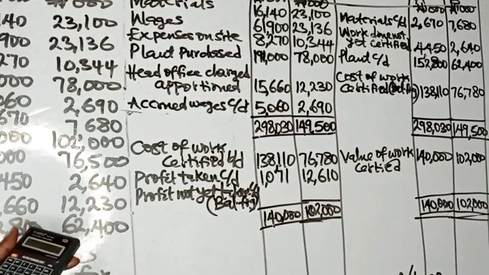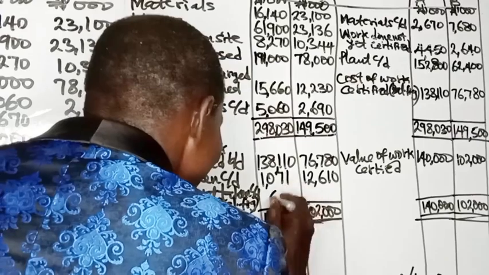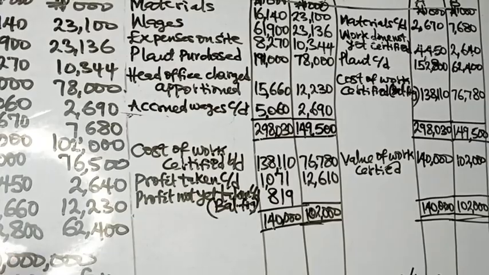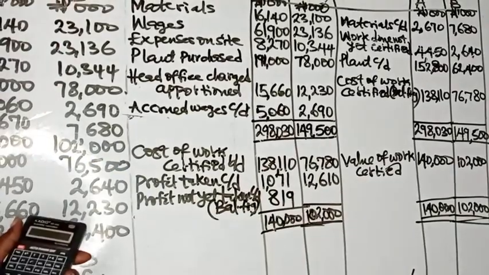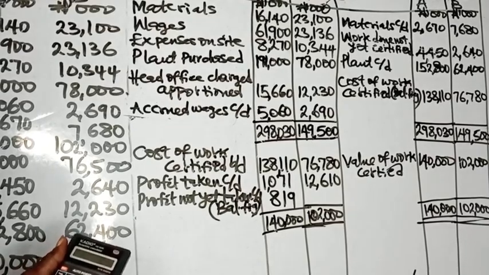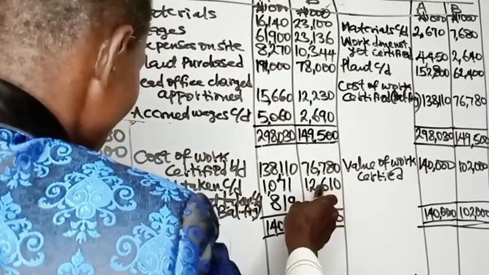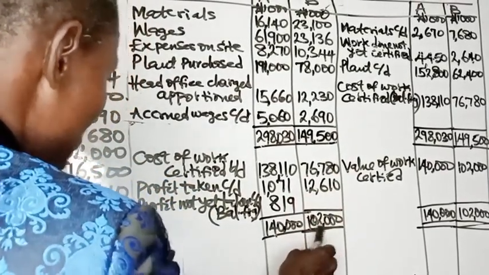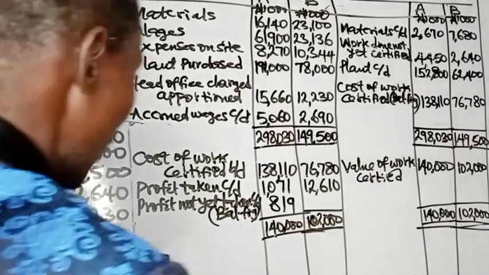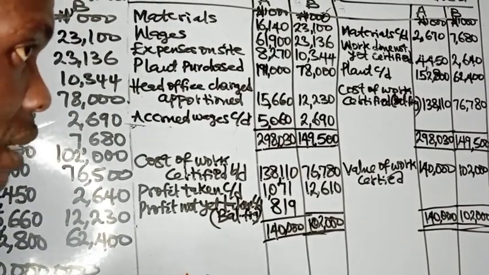Subtract it from 140,000, so you have 819. That is the profit not yet taken. Then let's add 76,780 plus 12,610. This is total 89,390. Subtract it from 102,000, and we have 12,610.